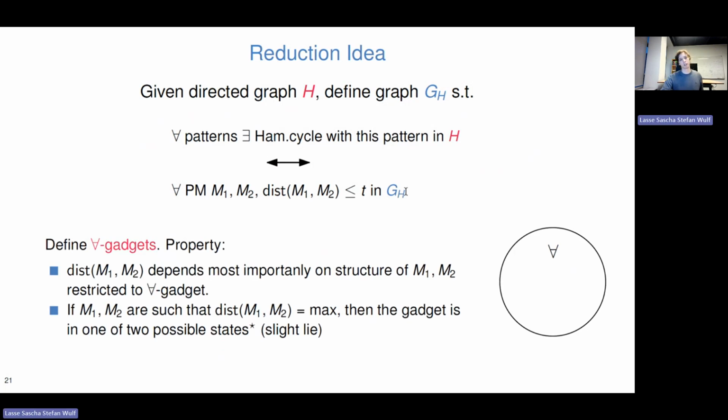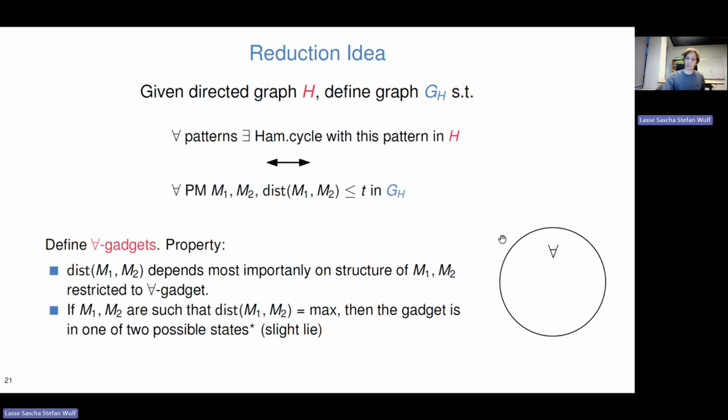And the main idea is that we introduce so-called for-all gadgets with some special property that they can model this behavior. So we will show that for any two perfect matchings M1 and M2, the flip distance of M1 and M2 depends most importantly on the structure of M1 and M2 restricted to the for-all gadget.